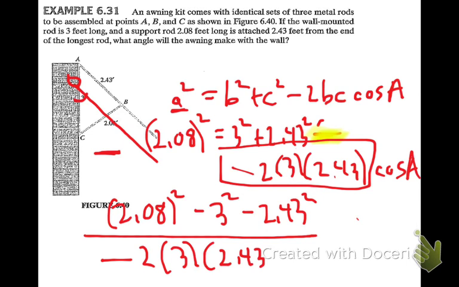If I enter this in my graphing calculator, I do cosine inverse, then parentheses, and then another parenthesis, and then 2.08 raised to the second, minus 3 squared, minus 2.43 squared in parentheses.